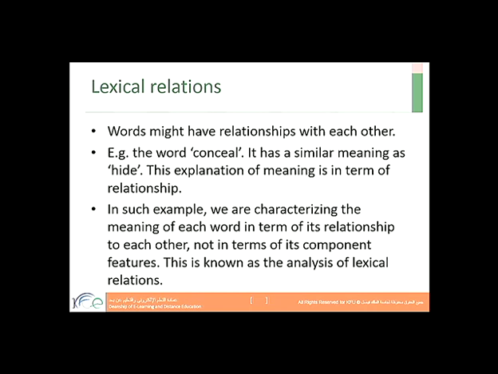These two verbs might be argued to have the same meaning. This explanation of meaning is in terms of relationship. So we can simply say that these two words have a relationship.